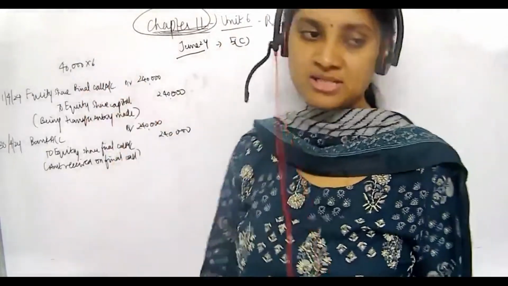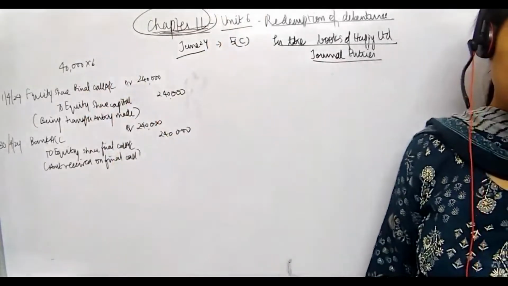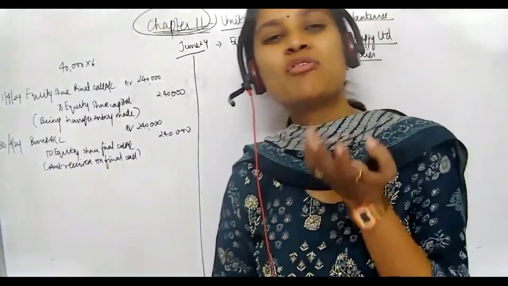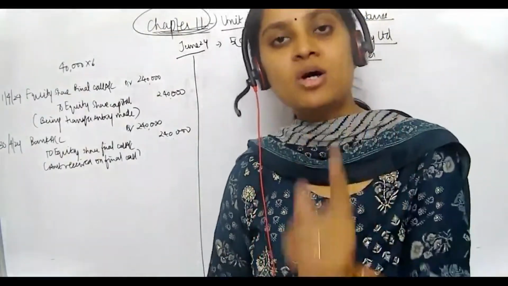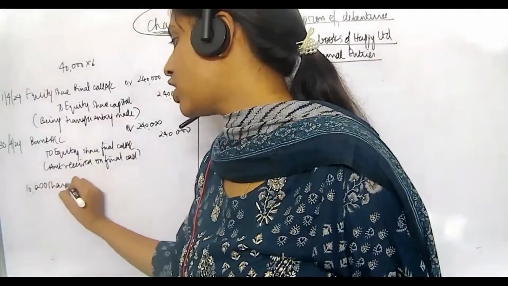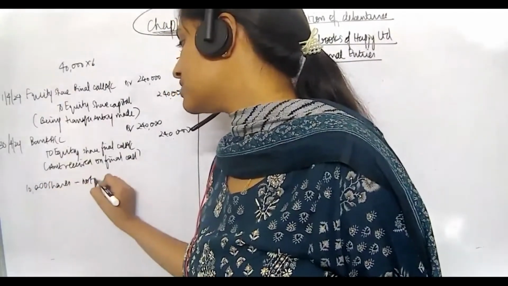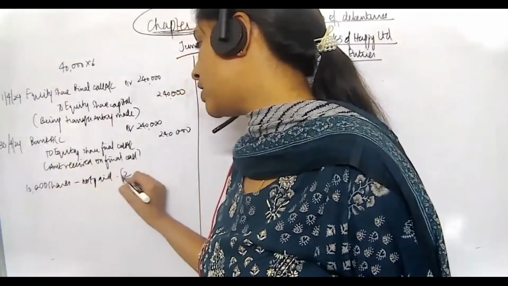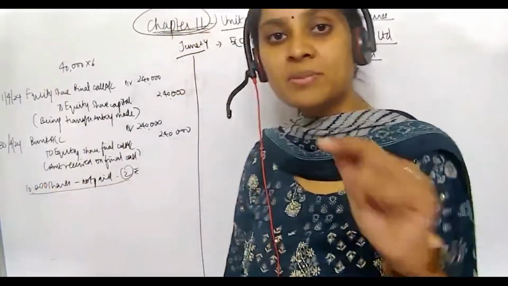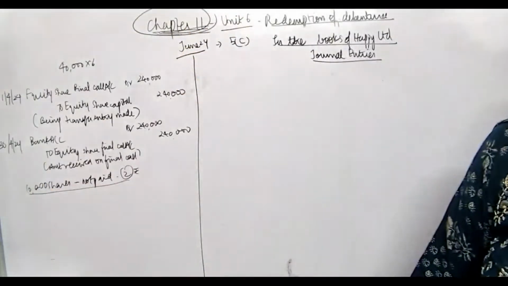Over? Yes? Now the next thing is, my dear students, you need to pass entries for what? Forfeiture. Because there are 10,000 shares that have not paid. How much? 2 rupees they have not paid. Okay, shall we pass the forfeiture? What will be the forfeiture entry? What is the date of forfeiture?